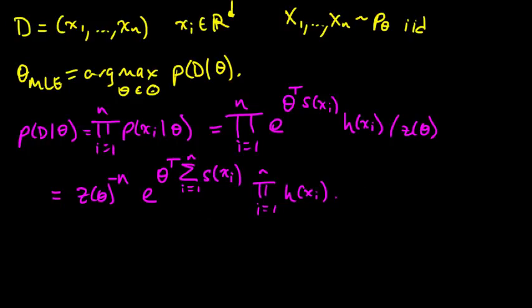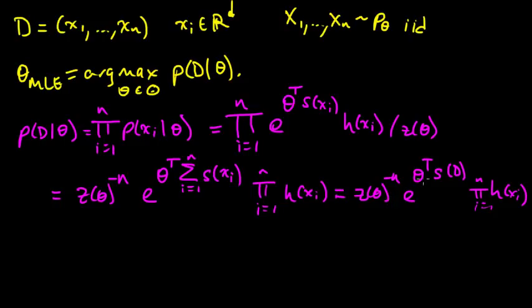Let me just rewrite the whole thing here: z of theta to the minus n, e to the theta transpose, I don't know, what should we call it? Let's call it s of d. That's pretty good. Times the product over i of h of xi.